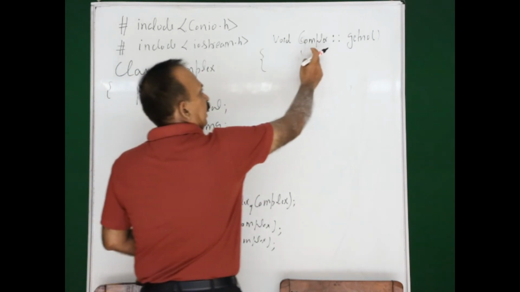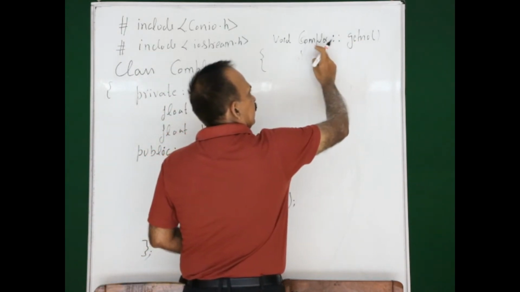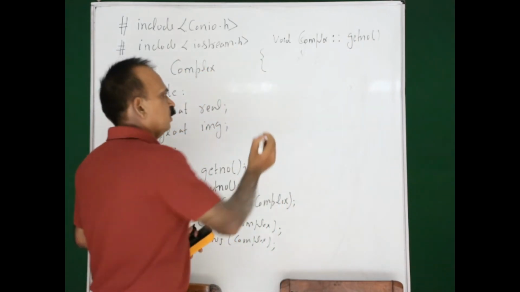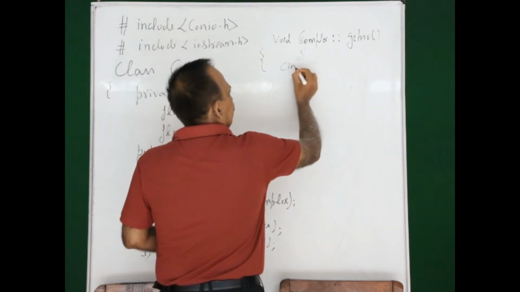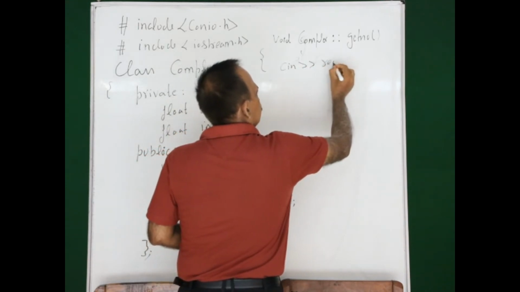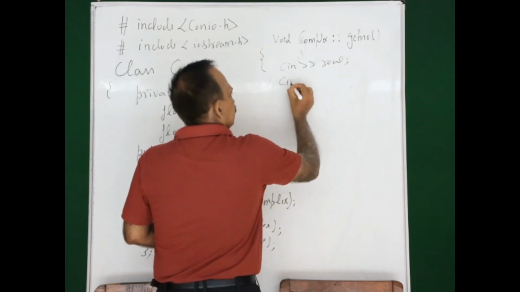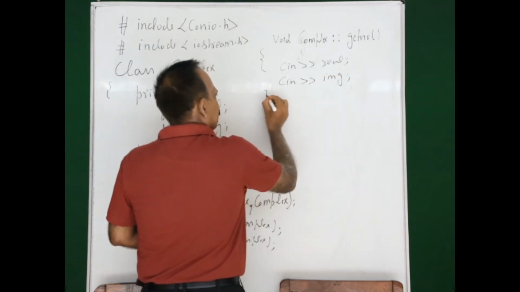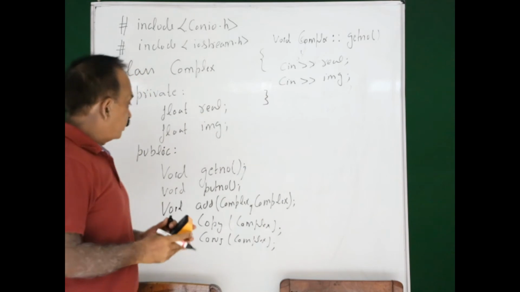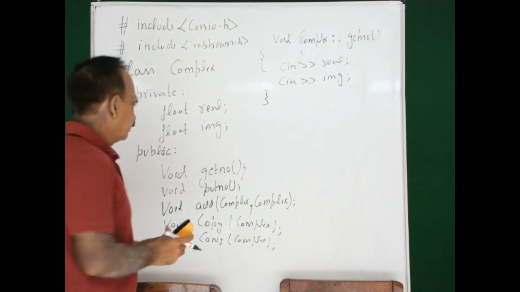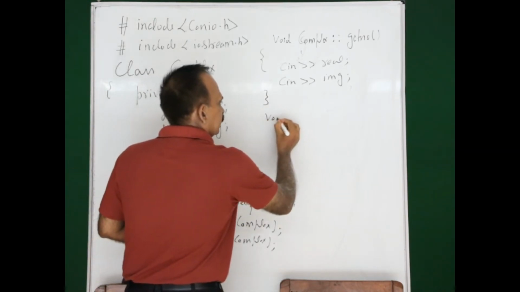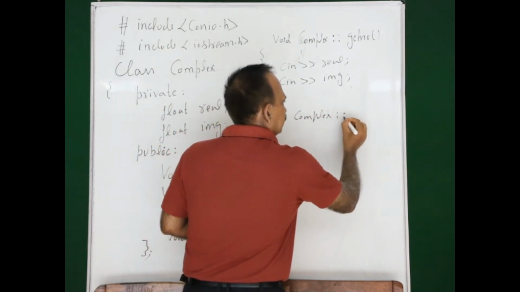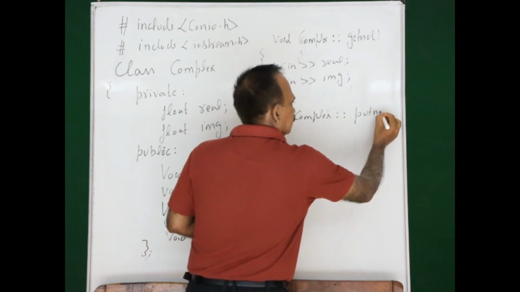This is the class name and this is the function name. This indicates that this particular function belongs to the class complex. No doubt the code: I say cin for the real part and cin for the imaginary part. This is the input of this complex number. Now similarly, the second function definition: it is void, complex, scope resolution operator, and the function name, that is putNumber.